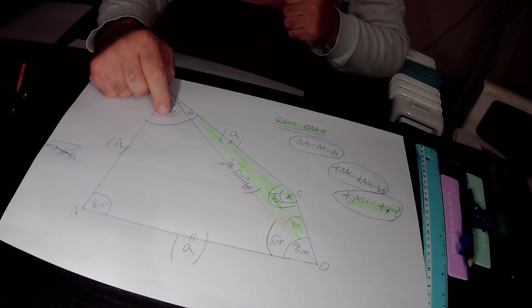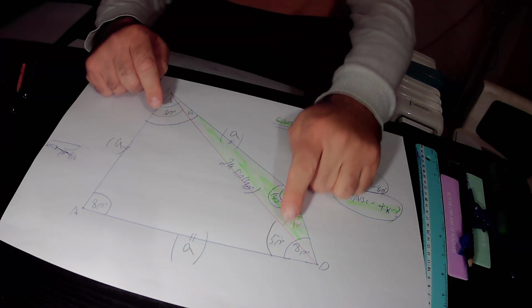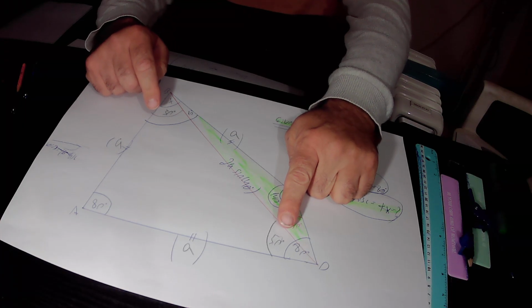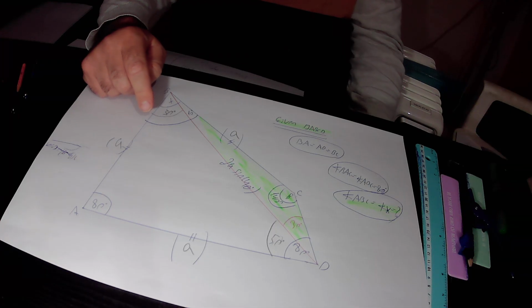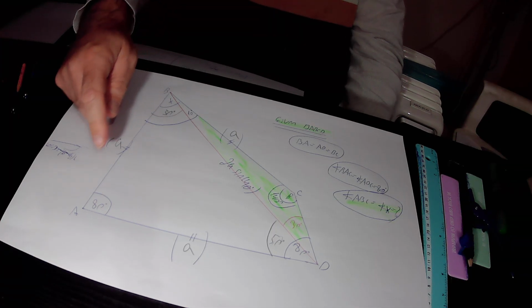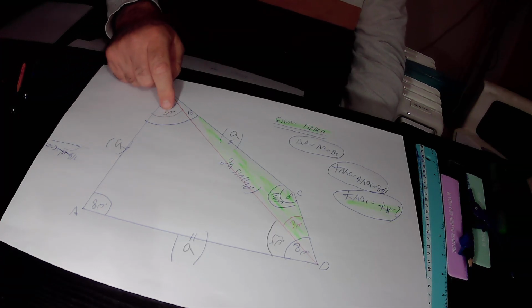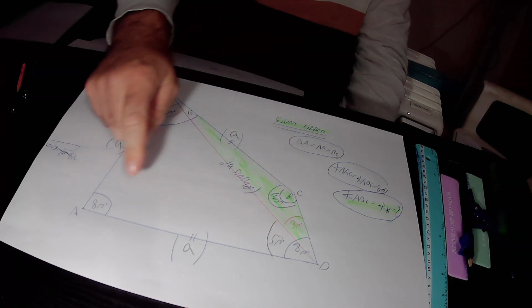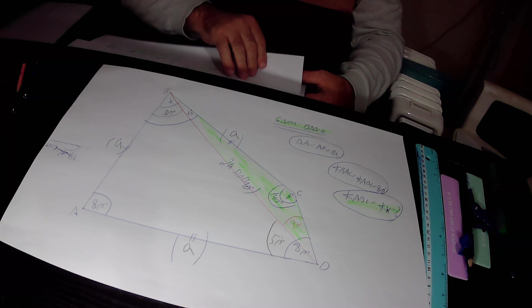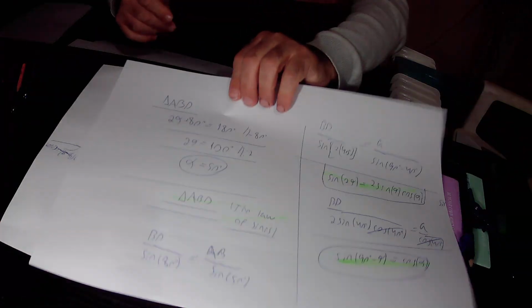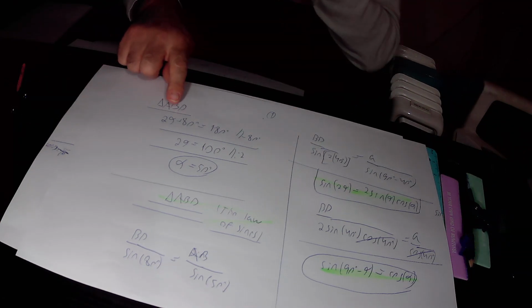So if we define the size of this angle as alpha, then the size of this angle must also be equal to alpha according to the rule I mentioned. And we also know that the sum of the angles in any triangle is equal to 180 degrees. So in triangle ABD, alpha plus alpha, that is 2 alpha, plus 80 degrees must be equal to 180 degrees.